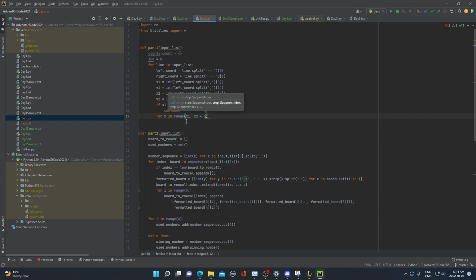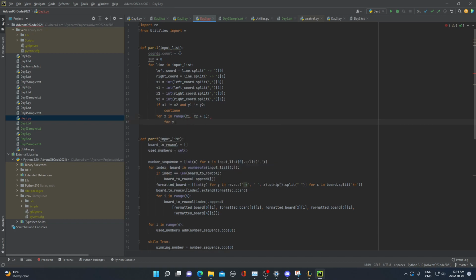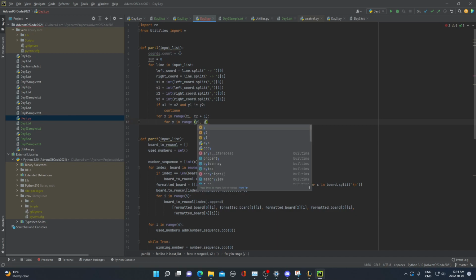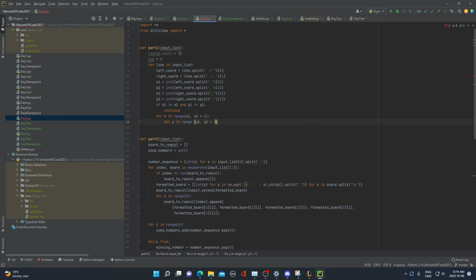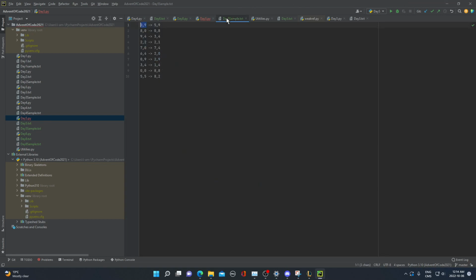So for example, x1 is 9 and x2 is 9. Then it goes from 9 to 9, which is just 9. Okay. I think I got it. My problem is, let me see the sample text.